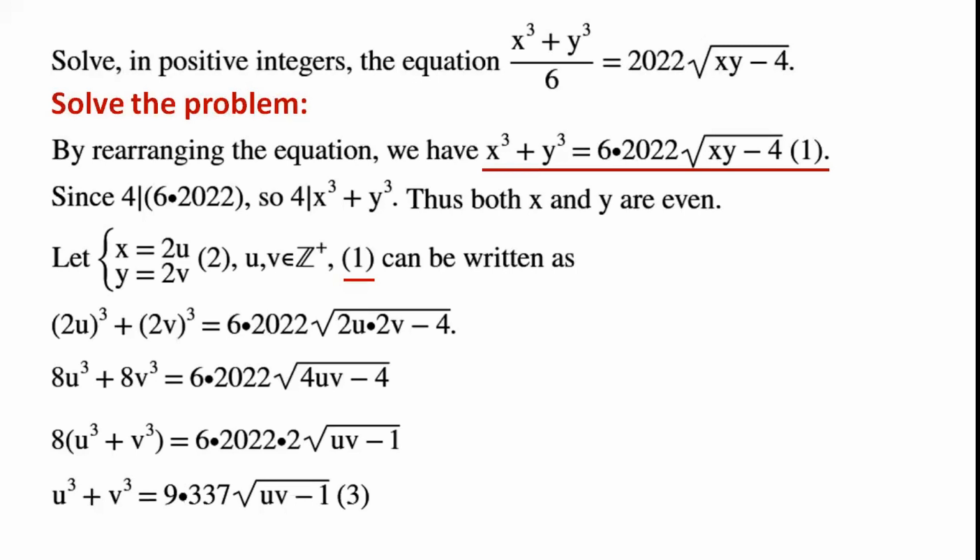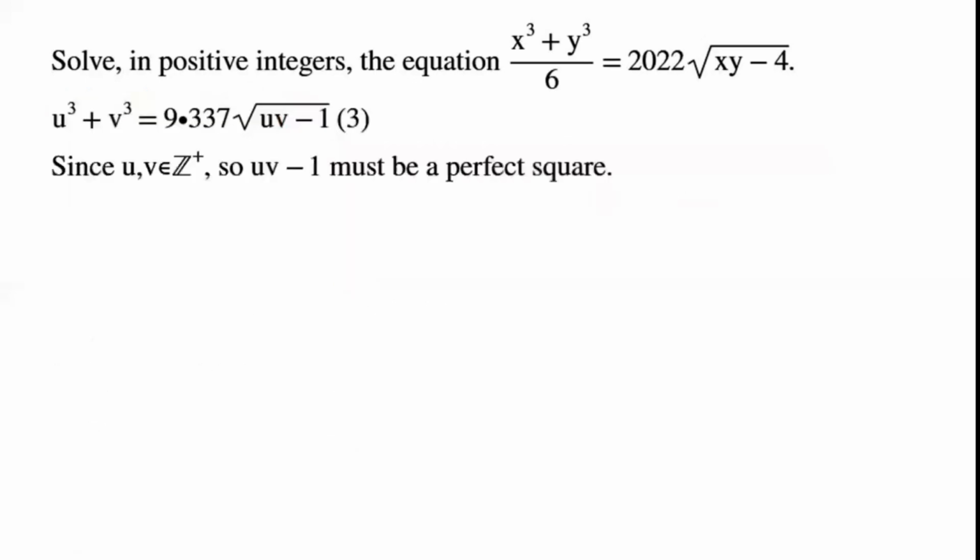We have u cubed plus v cubed equals 9 times 337 times root of uv minus 1. Since u, v are positive integers, uv minus 1 must be a perfect square.